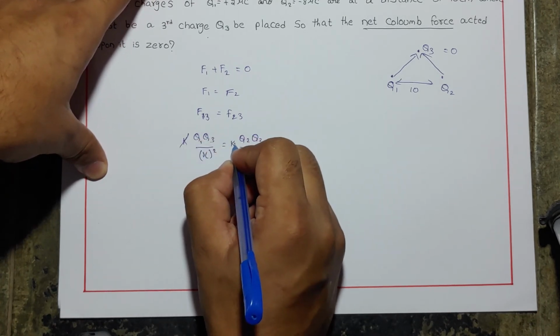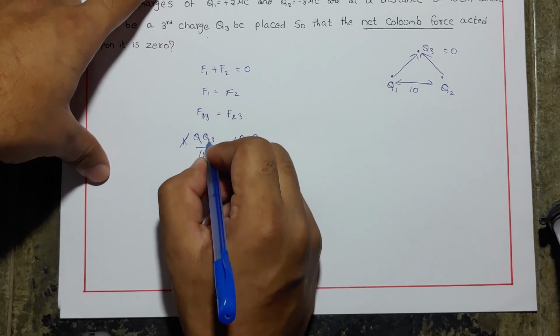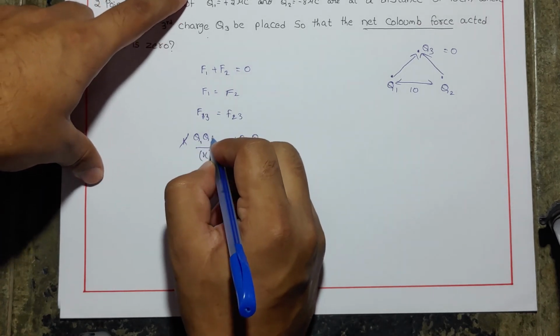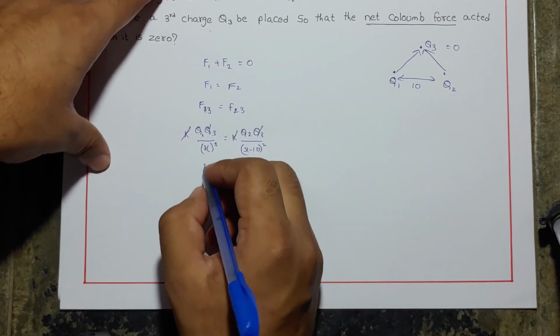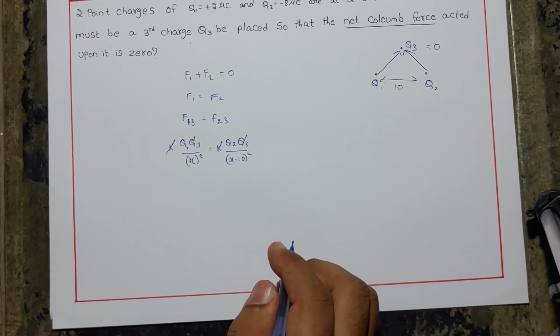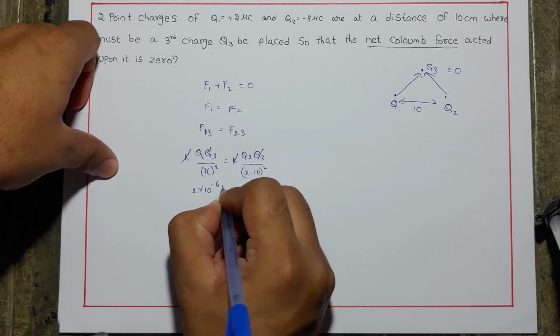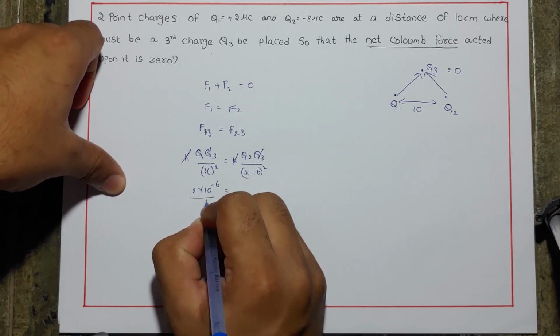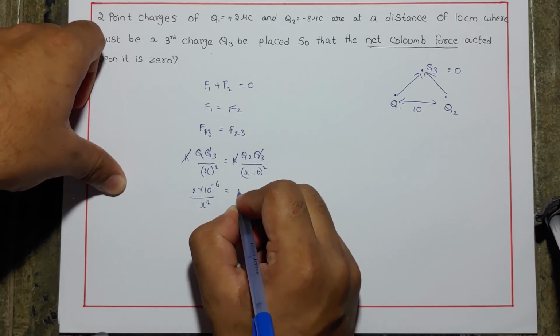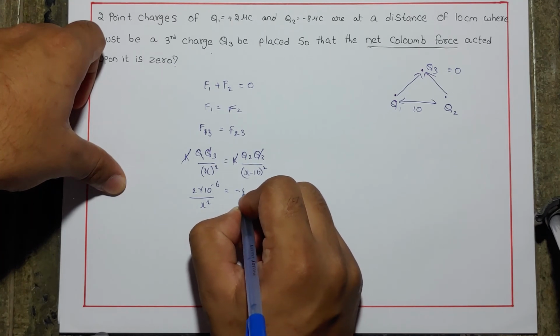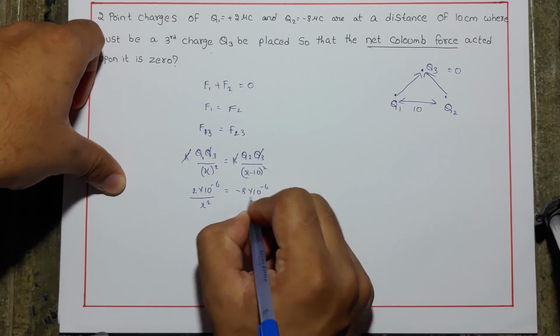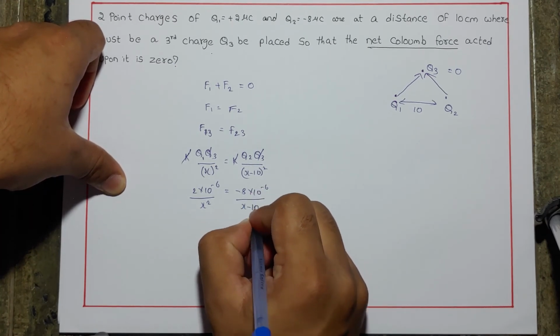Let us cancel k and Q3: 2 into 10 to the power of minus 6 by x square is equal to minus 8 into 10 to the power of minus 6 by x minus 10 whole square.